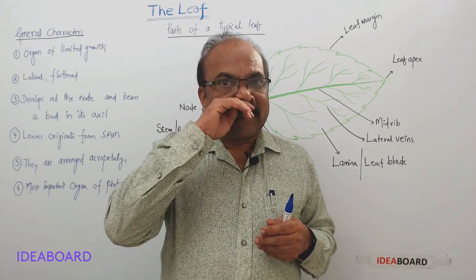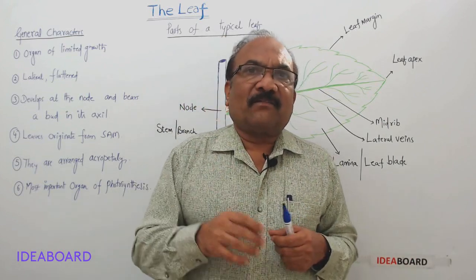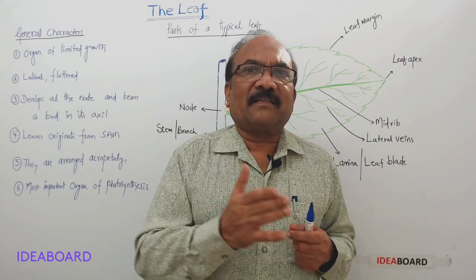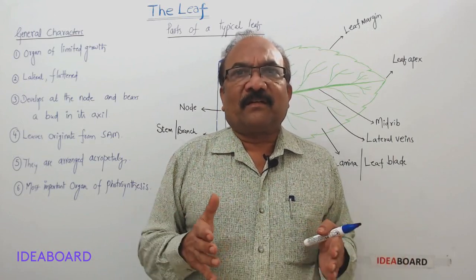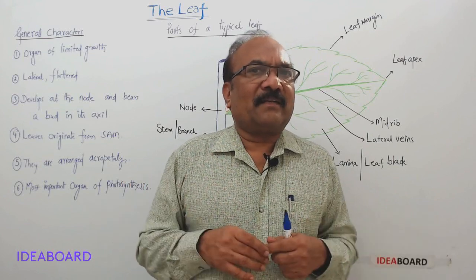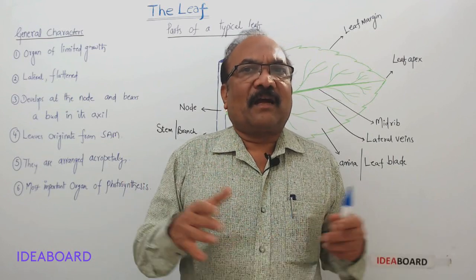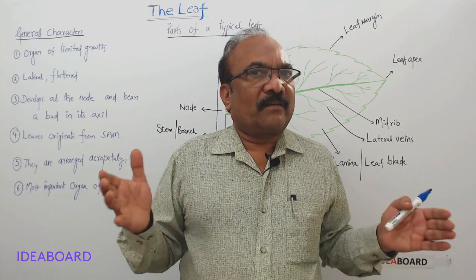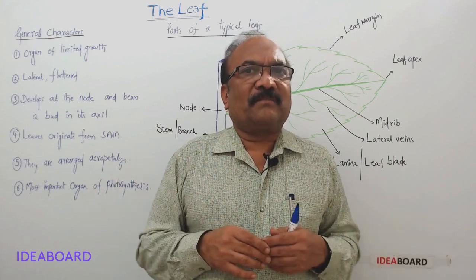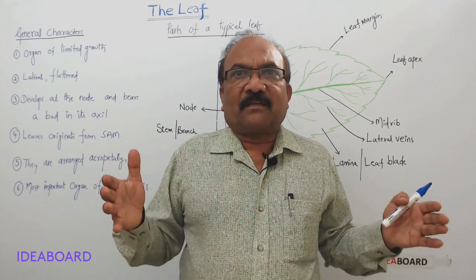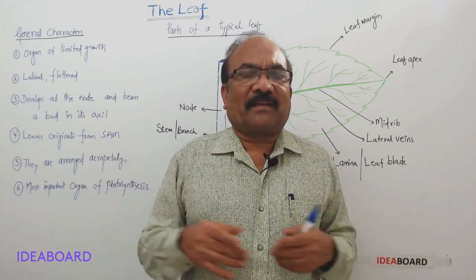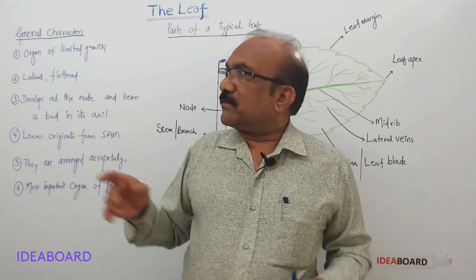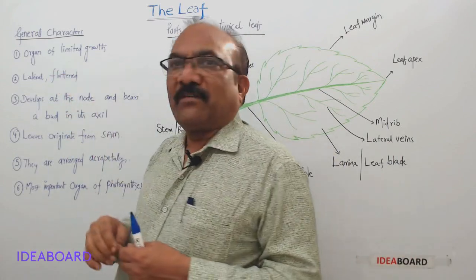That means the plants are shedding the old or senescent leaves. The leaf is not a permanent organ, and after reaching some maximum size, it won't grow further. That's why it is an organ of limited growth.